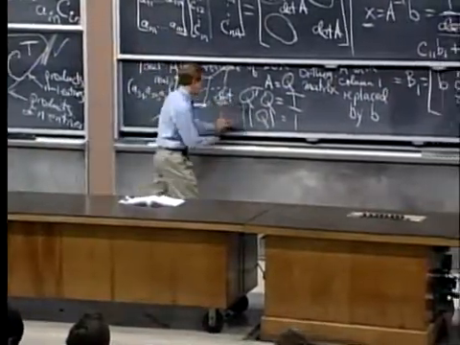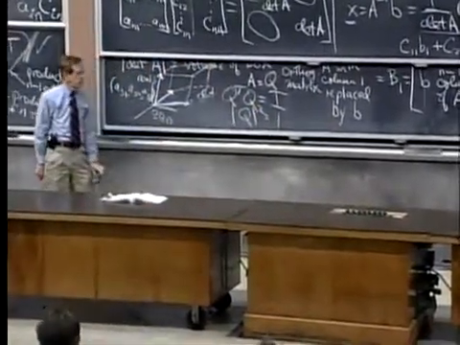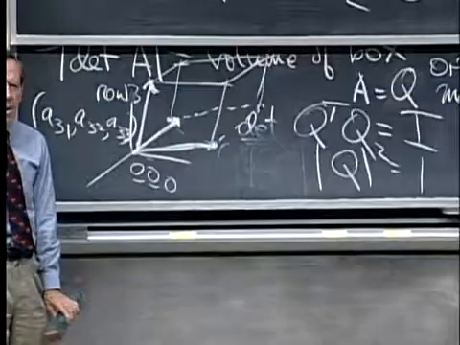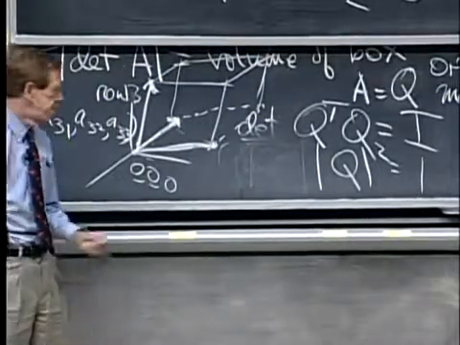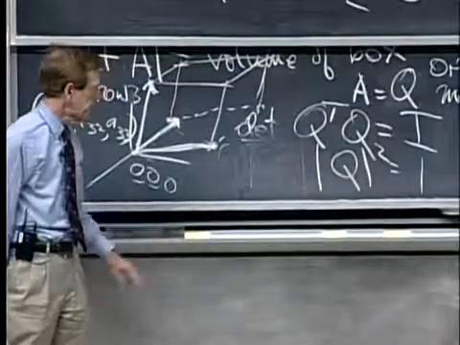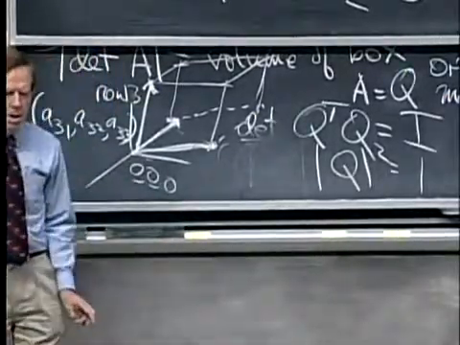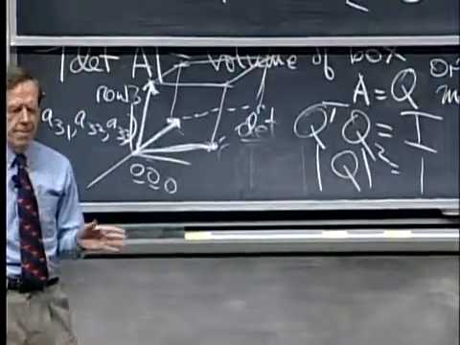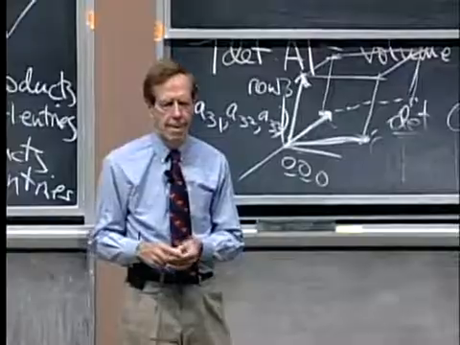So this is just this thing squared. So that determinant squared is 1, and sure enough, it's 1 or minus 1. Great. So in these special cases of cubes, we really do have determinant equals volume.